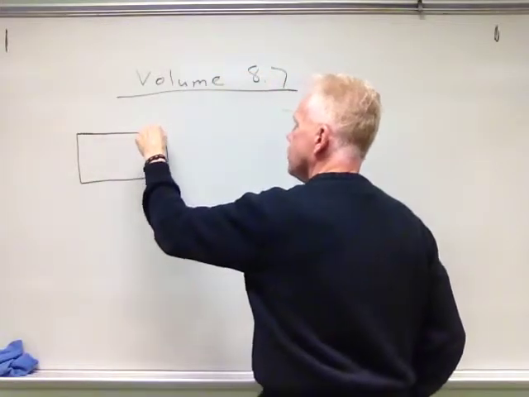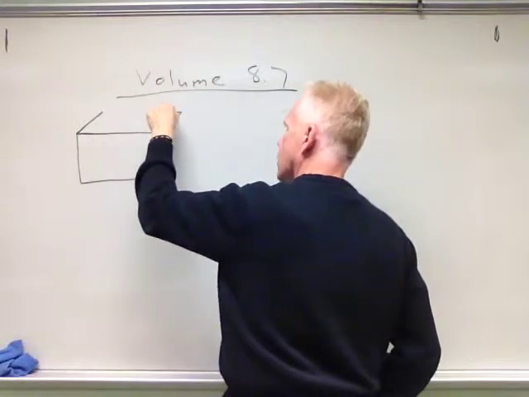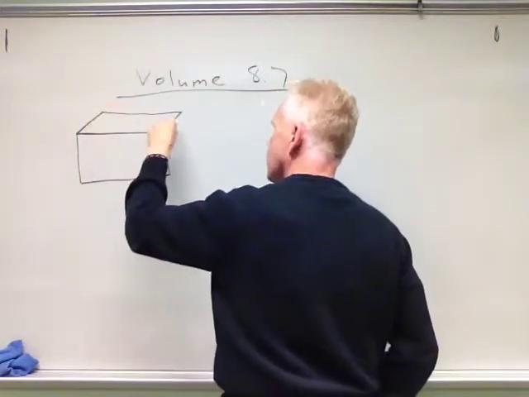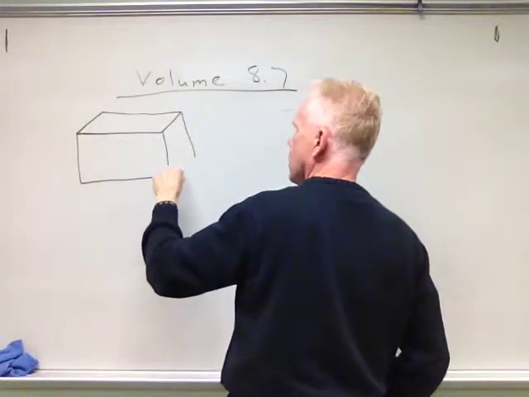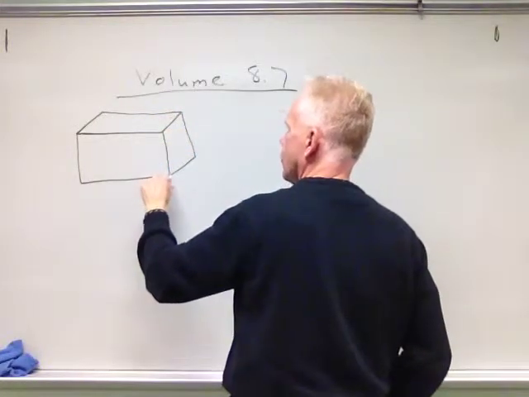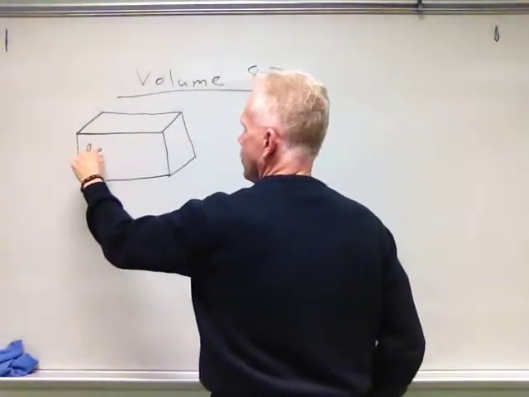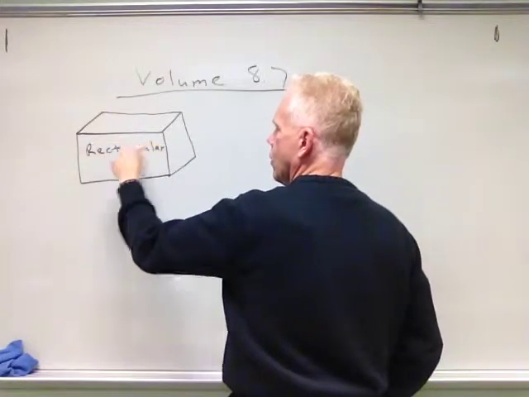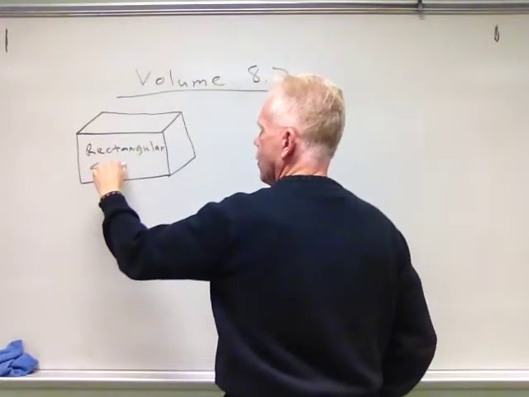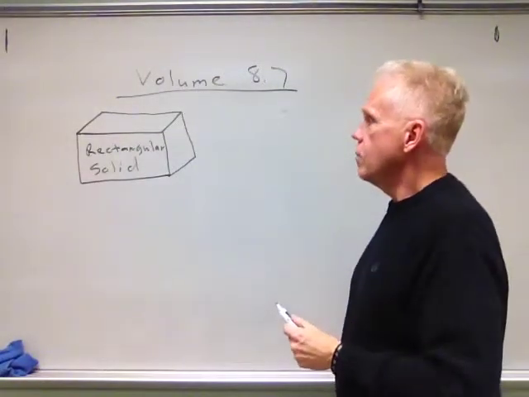Okay, so we're going to do this, and then we're going to come here, and here, and we're going to come here, and here. Okay, so that was my attempt at a rectangular solid. You might know that as just a box, another way of saying a box.